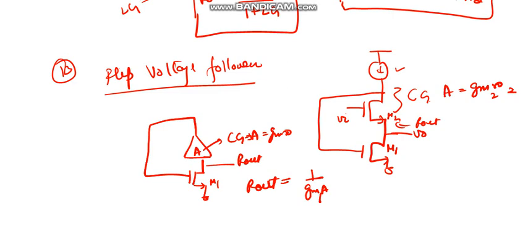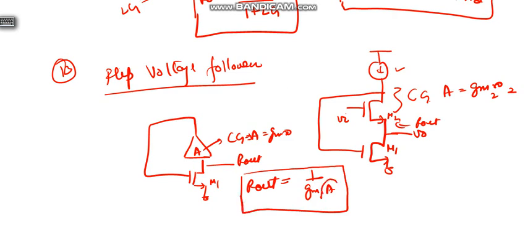So this will be GM1 into A. So now the output resistance is reduced by a gain factor of A, so it will actually move the output pole to a higher frequency.